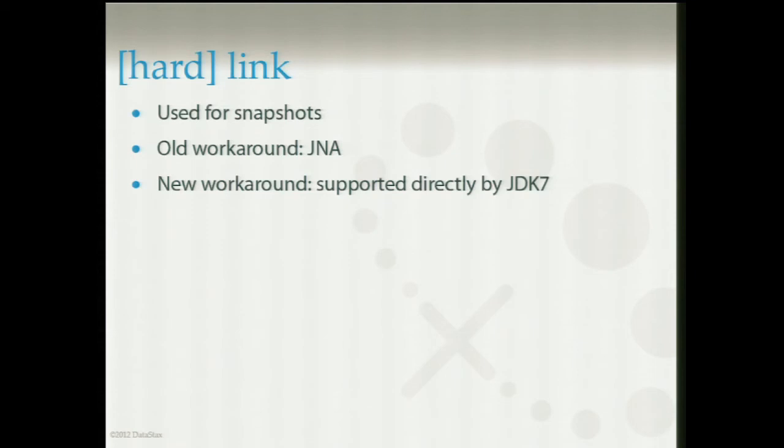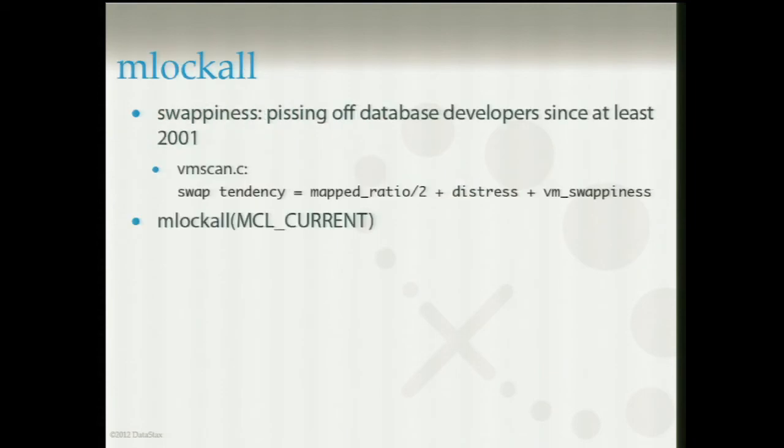So what we did, and what we still do, is we use a library called Java Native Access, JNA, to invoke C functions from the operating system. Another one of those C functions that we want to call is mlockall. This also relates to swapping. This is a little bit Linux specific, but there's a kernel parameter called swappiness that you can tune in Linux.